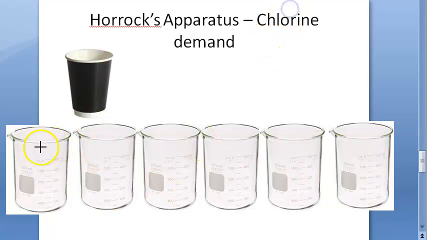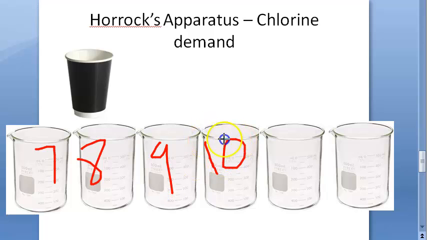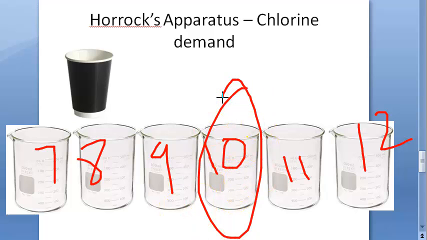Then you put 7, 8, 9, 10, 11, 12 spoons from this black cup. The chlorine demand here is much higher, so you need more bleaching powder. Let us say the 4th cup shows blue color. The 4th cup means you need 10 spoons or 20 gram of bleaching powder to disinfect 455 liter of water. Did you understand this? It's not difficult, right?